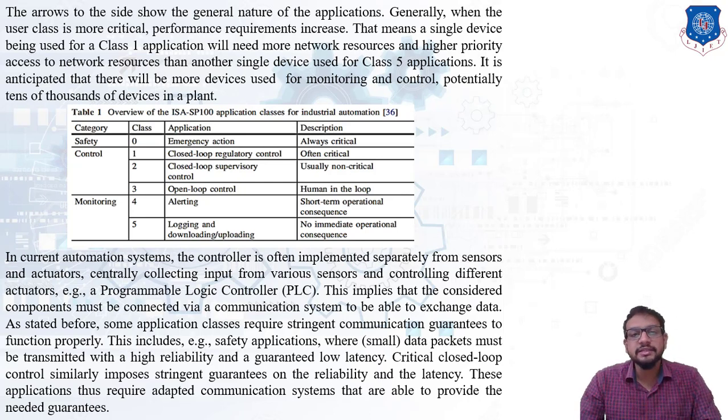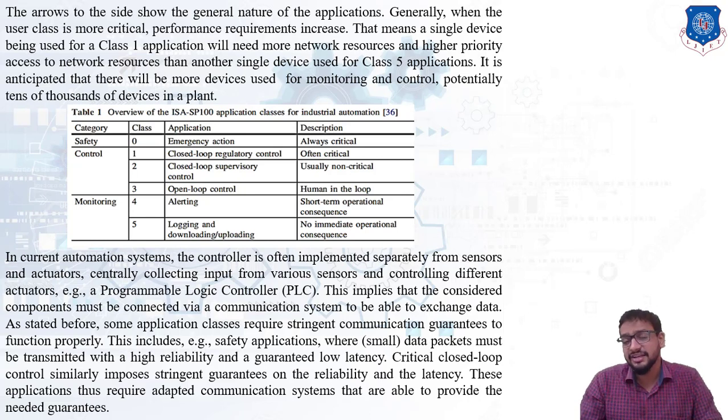So we can say that some application classes out of the 6 require strict, precise data, that is stringent communication, which has to be guaranteed for the proper function of this class. For example, for safety applications, which is class 0, small data packets must be transmitted with high reliability and must guarantee low latency.